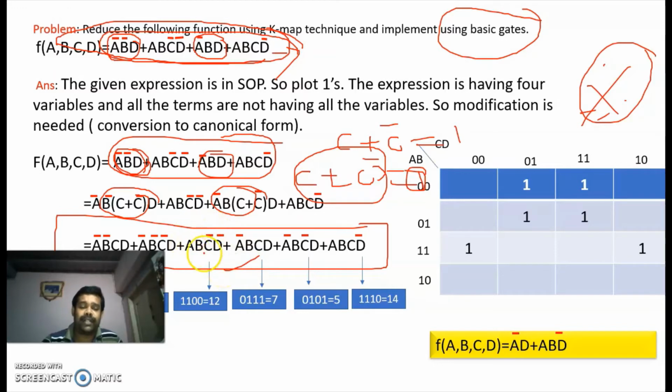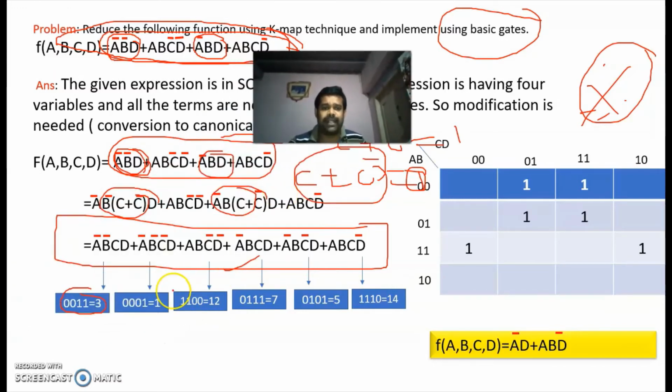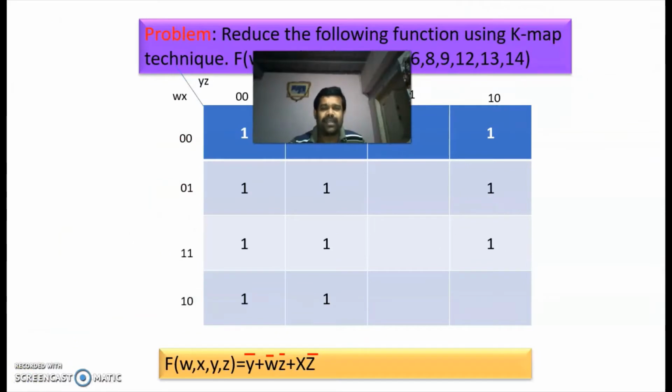Then we are converting these min terms into binary, then into decimal, then we are plotting. After plotting, we are grouping. These are the two groups we are getting, and we are writing the expression. Problem we have already seen.